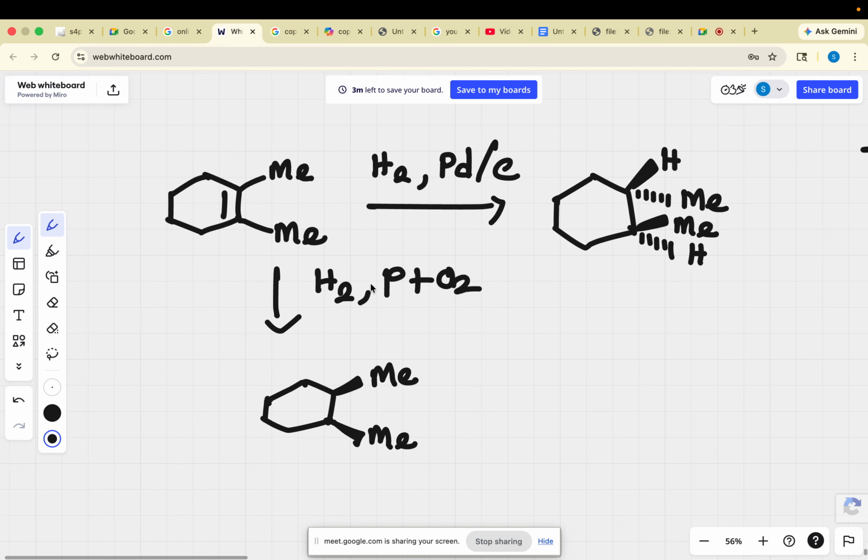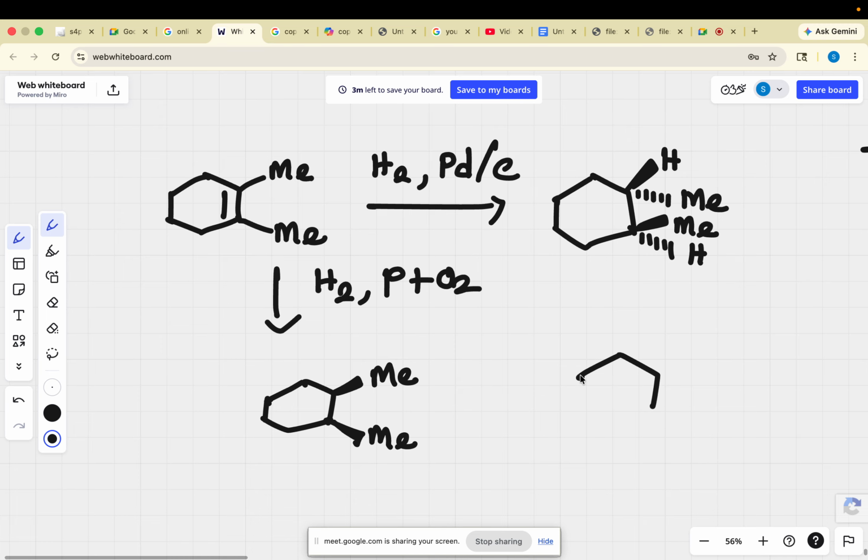If we have a 6-membered ring and a double bond attached outside with substitution, then what happens? I think it's not possible, because here we have mentioned cyclic alkenes, meaning the double bond should be part of your ring. It should not be an exo double bond.